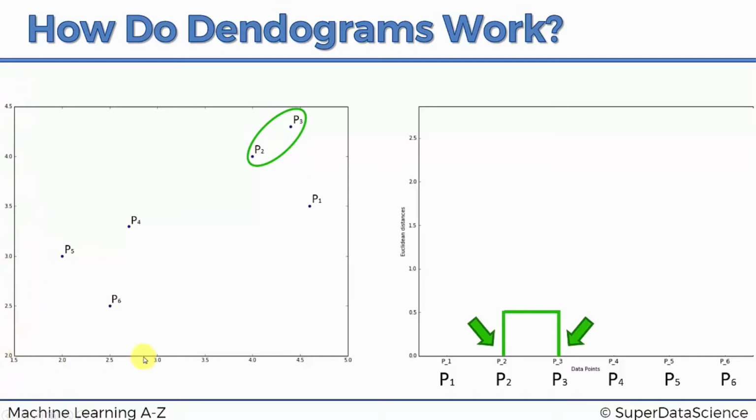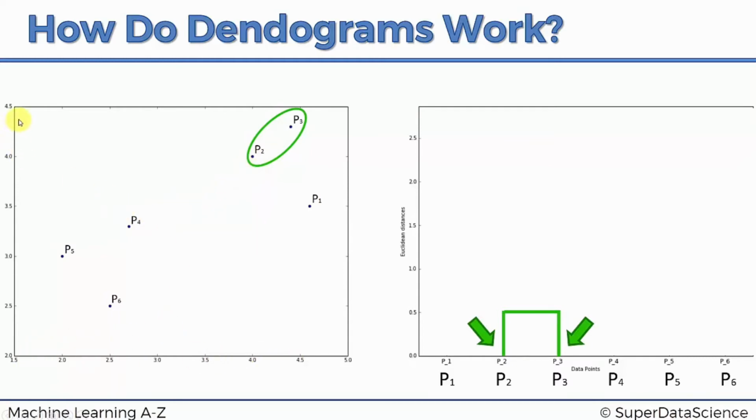Or this variable could be how long a person has been with the company, and this one the salary of the same person. P2 and P3 have that distance between them, whereas P2 and P4 have a greater distance between them. So the distance represents the dissimilarity between the 2 points, and P2 and P4 have a greater dissimilarity because the distance is greater.